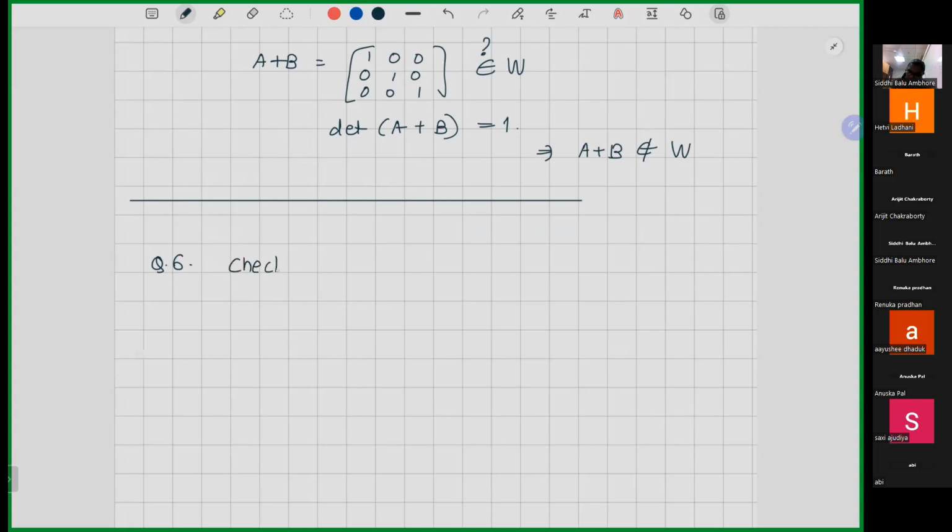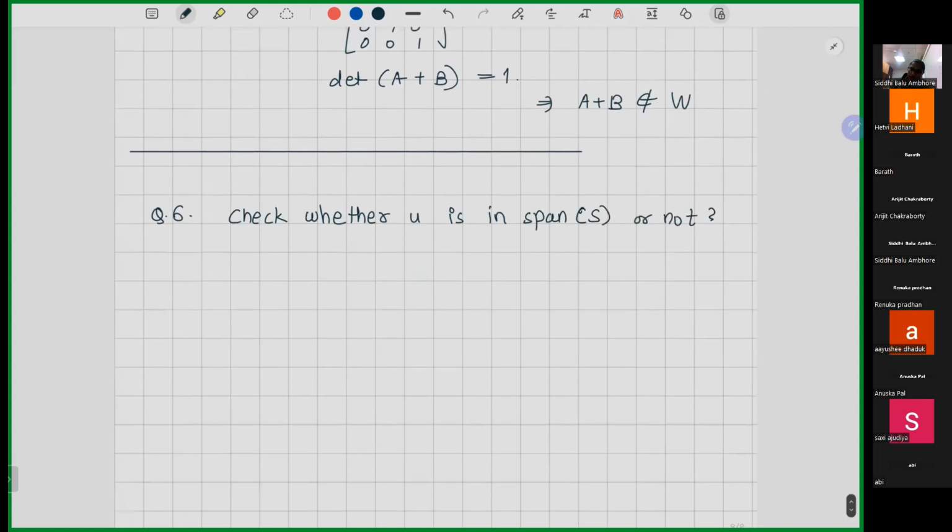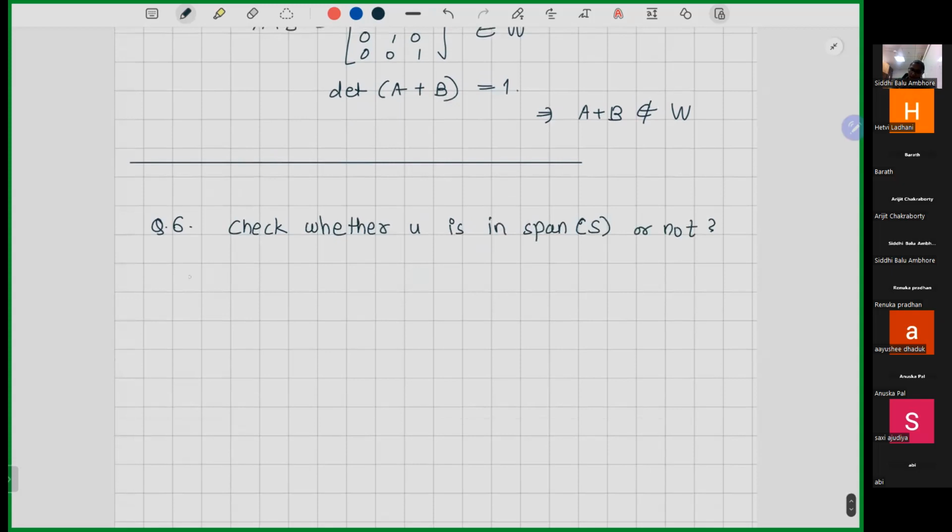The next question is related to this. We will check whether the given element is in the span of a given set S or not, for given U and S. So let us take this.